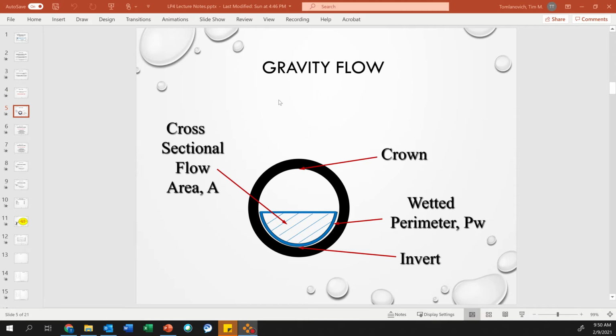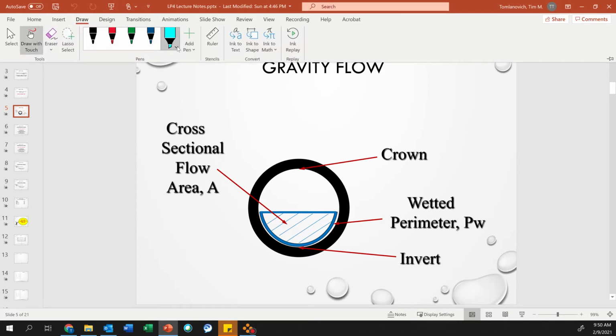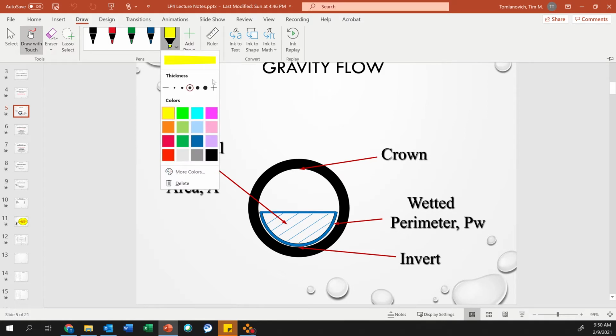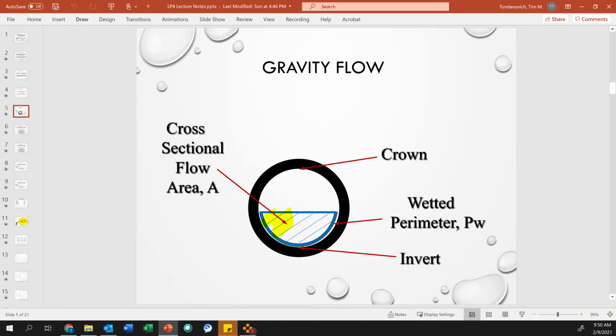So, terminology of gravity flow: cross-sectional flow area. That is literally what you see here in blue. So basically I am highlighting what you see in blue here. That is my cross-sectional area of flow.